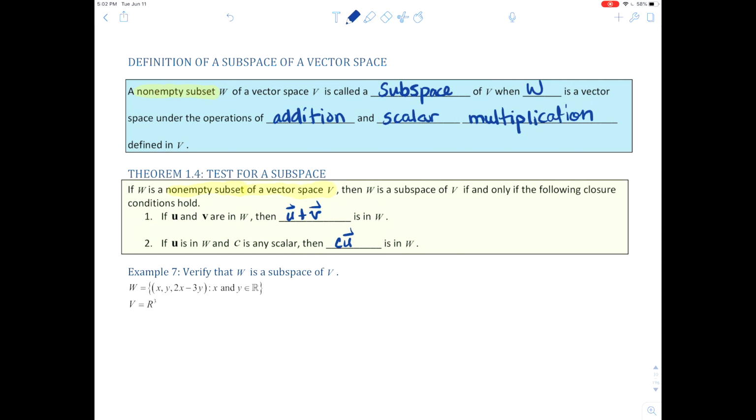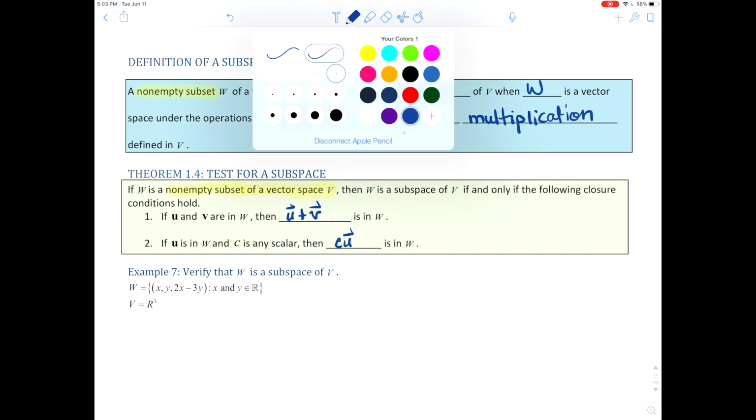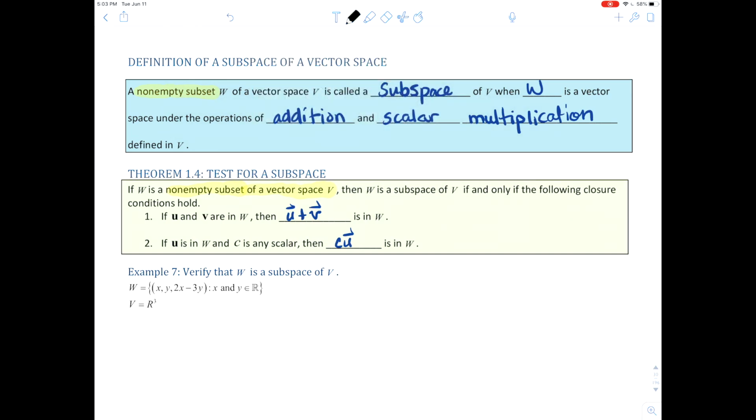Okay, so verify that W is a subspace of V. Let's do it. So 1, is W a subset of V? Right? Let's check it out.